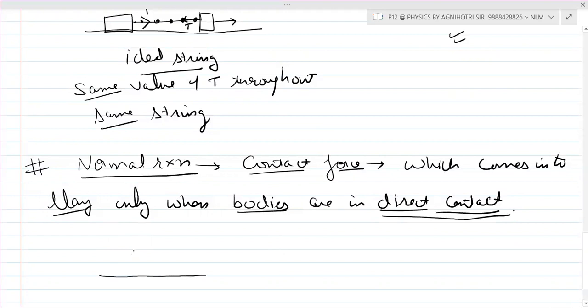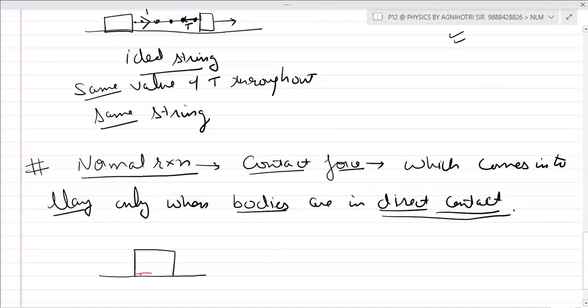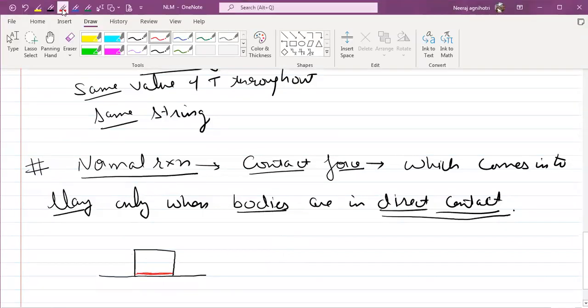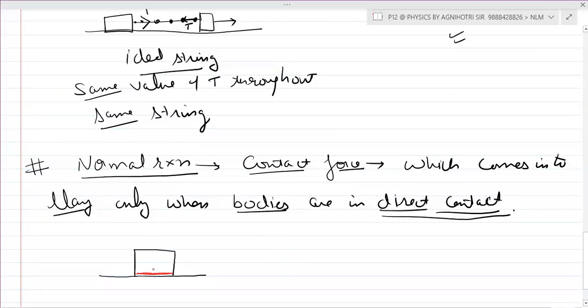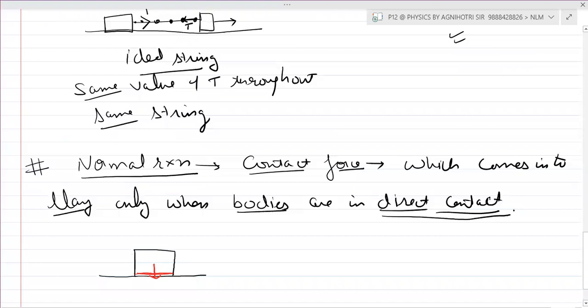Like, this is the surface. You have placed your body over there. So what is happening in it? Now let's check. This red portion is pushing this black portion in the downward direction, and this black portion is pushing this up in the upward direction.